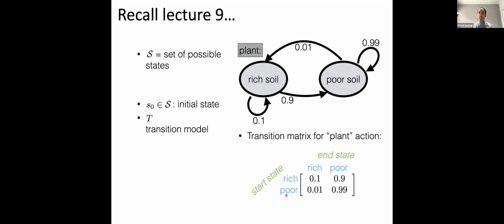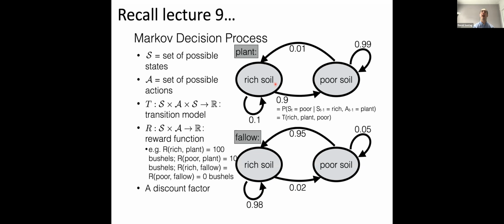On the other hand, if you take the plant action starting in the poor soil state, there's an extremely high, so probability 0.99 now, of staying in the poor soil state. Very unlikely that by planting you turn a poor soil into a rich soil. And one can talk about the transition distribution for different actions, such as a fallow action.